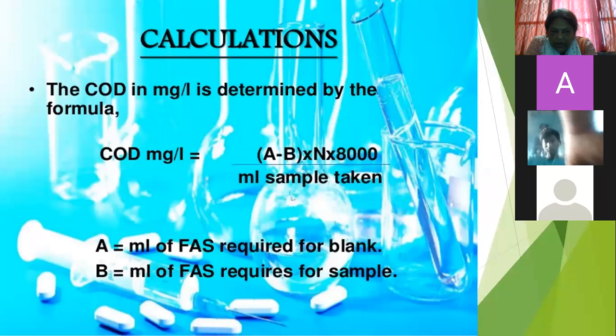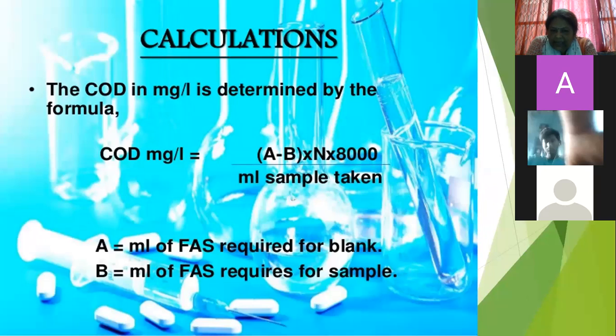Note this down: A is the volume of FAS required for blank titration. B is the volume of FAS required for sample titration. N is the normality of the FAS solution.